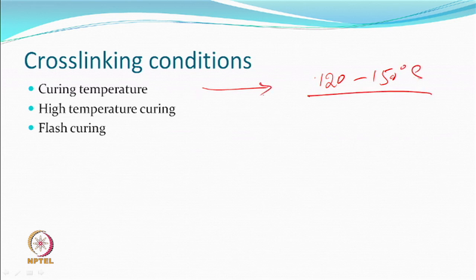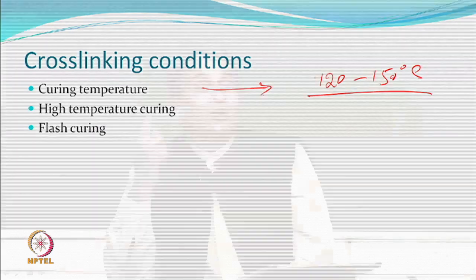Now, here the general time required could be 4 minutes to 5 minutes or 3 minutes to 5 minutes, while we were discussing times of the order of 0.1, 0.2, 0.3 seconds. Now, you are talking about minutes. Time here is in minutes.